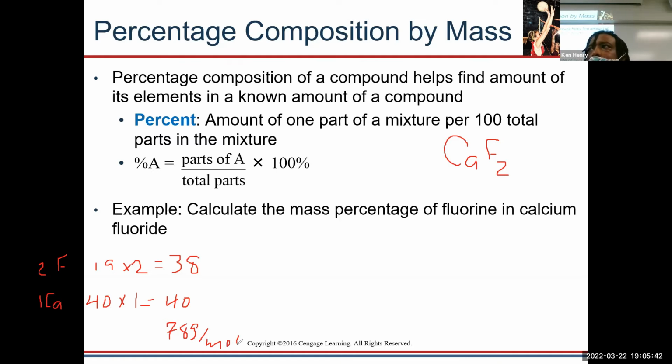If we want to look at just the percent fluoride in calcium fluoride, we take that 38, divide it by 78, and multiply by 100. That's going to give me my percent of fluoride in calcium fluoride. So what do you guys get?